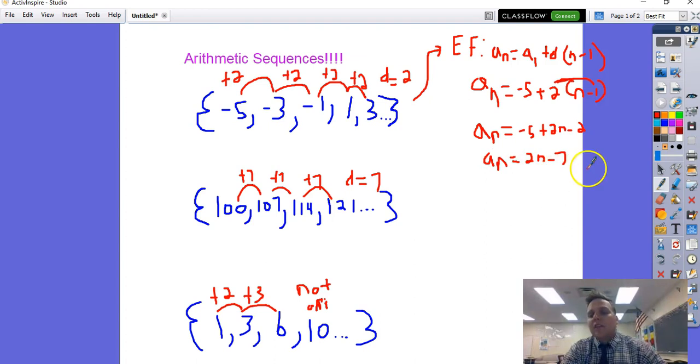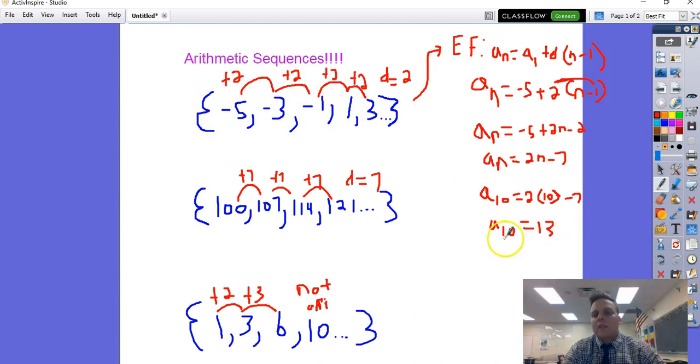That means that if I wanted to find, let's say, a sub 10, I could say a sub 10 is equal to, well, see how I replaced n here with 10? I'm going to replace this n with 10 as well: 2 times 10, close that parentheses, minus 7. So the 10th term is 2 times 10, which is 20, 20 minus 7 is 13. The 10th term is equal to 13. If I continued the sequence all the way out to the 10th term, it would be 13.